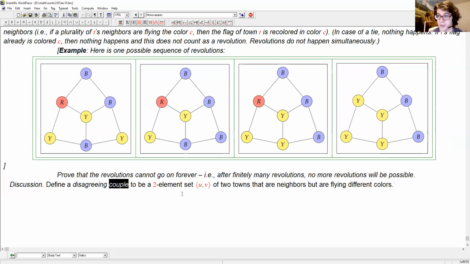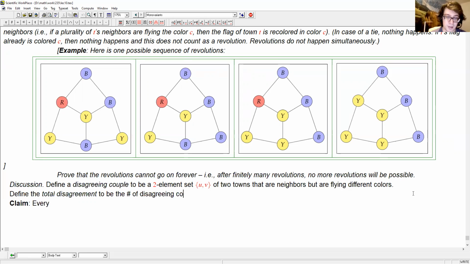Because pair for me is ordered pair, and this should be unordered. So my claim is now, and I should also define the total disagreement. I think in the notes I speak of total discord, but the idea is the same. To be the number of disagreeing couples. This is a non-negative integer.